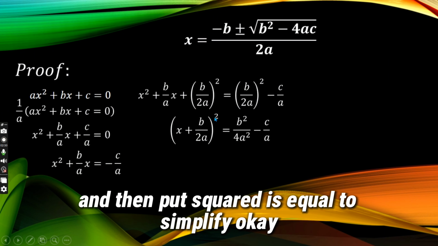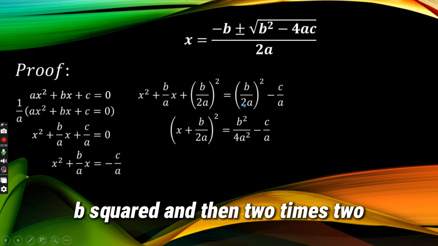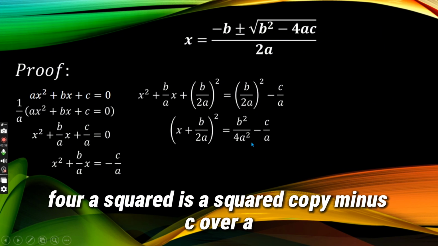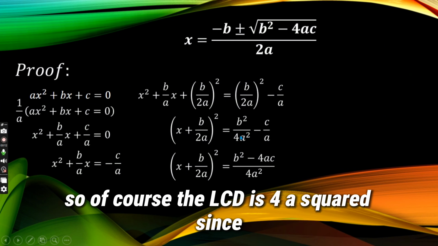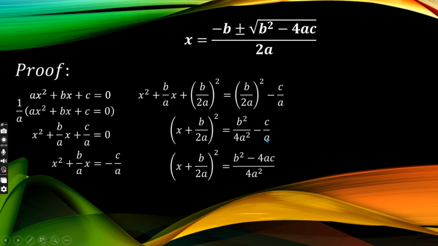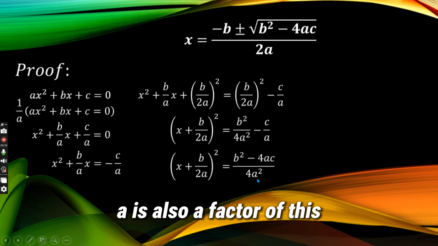Then, squared is equal to, simplifying, b squared, and then 2 times 2 is 4, a squared is a squared. Copy minus c over a. So we'll find the LCD. From these two expressions, the LCD is 4a squared, since a is also a factor of this.